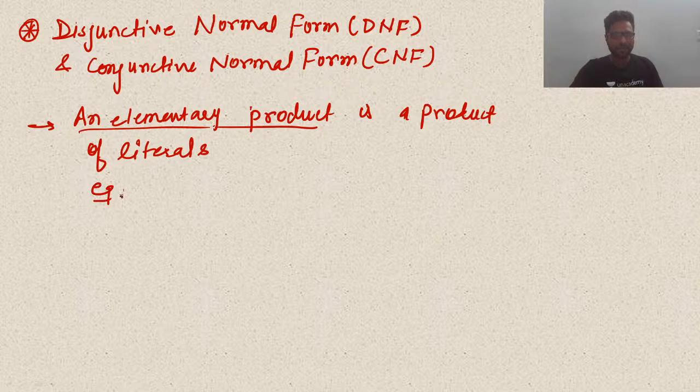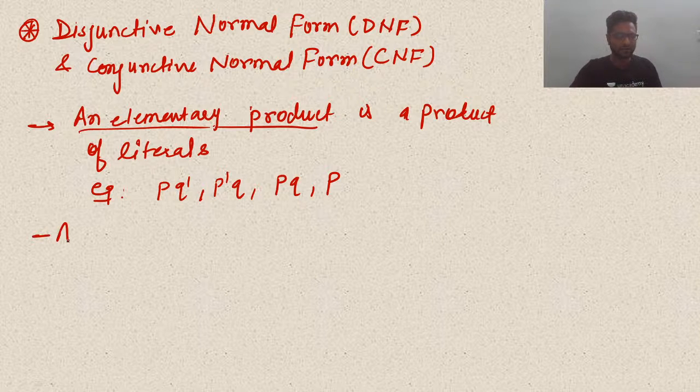Let's say there are two variables, then p q dash is an elementary product, as well as p dash q, and pq, and only p, those are also elementary products.